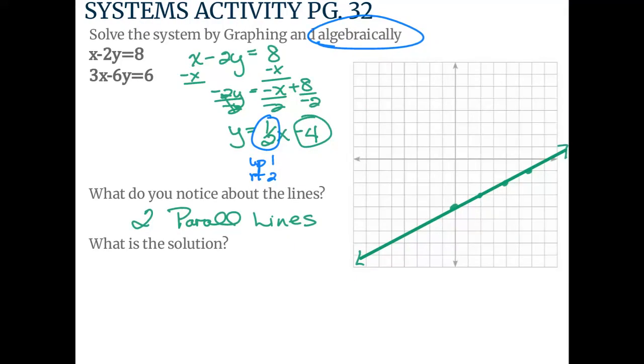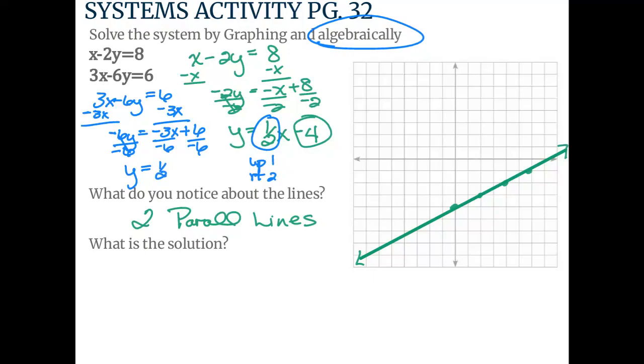The second one, 3x minus 6y equals 6. I need the y, subtract 3x, subtract 3x. Negative 6y equals, I can't combine those, right, Rowan? So negative 3x plus 6. Rowan, please put that away. Divide by negative 6. Y equals, negative by negative is 1/2 x minus 1.